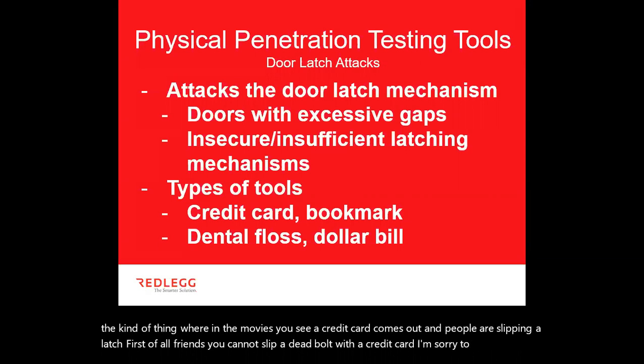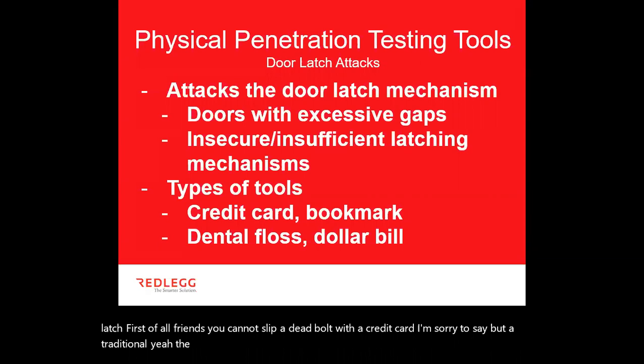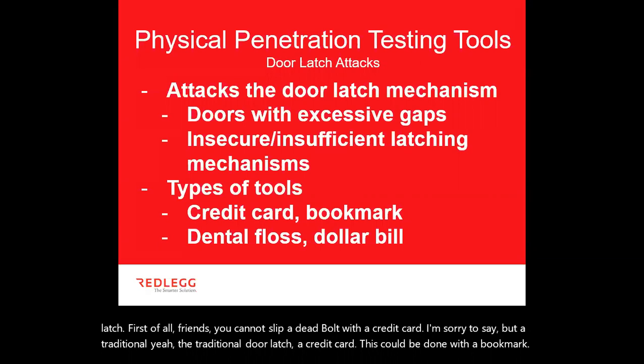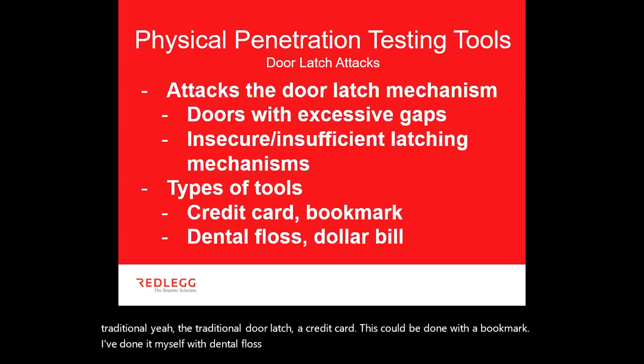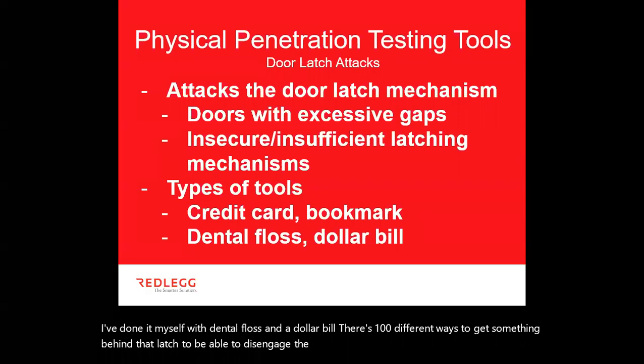But the traditional door latch, a credit card, this could be done with a bookmark. I've done it myself with dental floss and a dollar bill. There's a hundred different ways to get something behind that latch to be able to disengage the latch. What other tools have you seen out there, Meg?